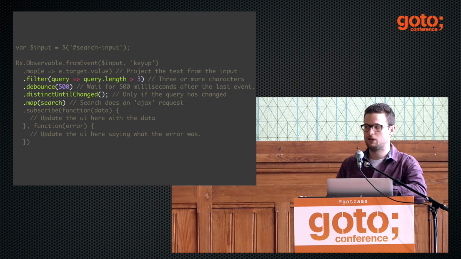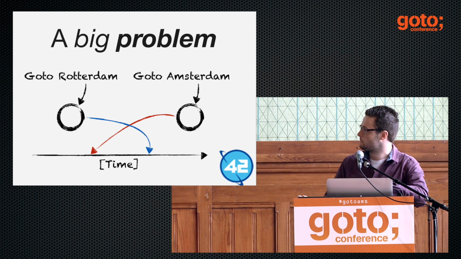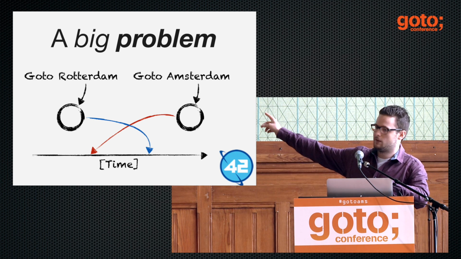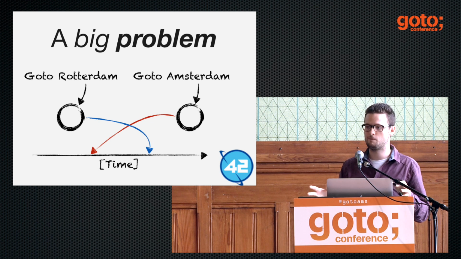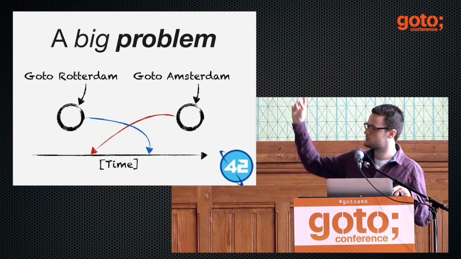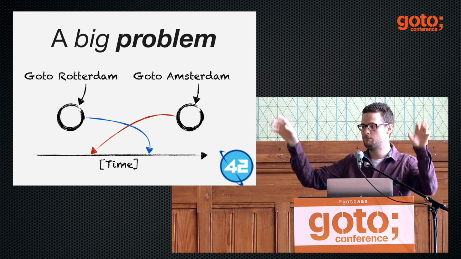We have one big problem still left to resolve, and that problem is rather devious. Here we see a timeline, and we see 2 queries. The user searched for GOTO Rotterdam, quickly realized that the GOTO is not in Rotterdam but in Amsterdam, so he changed his query to GOTO Amsterdam. But now we have 2 asynchronous requests in the air at the same time.